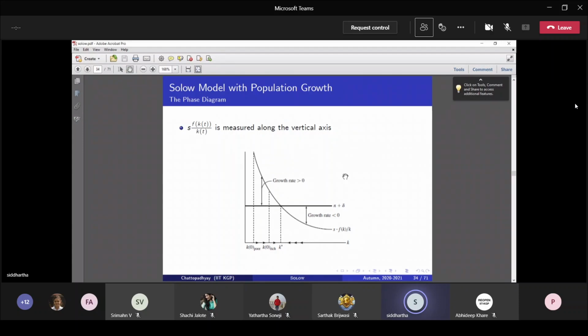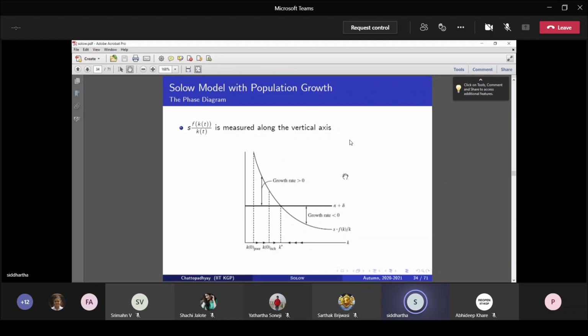So K of India is less than K of USA. The capital stock of India is lower than the capital stock of USA, let's say. Then if India and USA have the same production function, the marginal productivity of capital of India is higher than the marginal productivity of capital of the US, because you have diminishing marginal productivity.